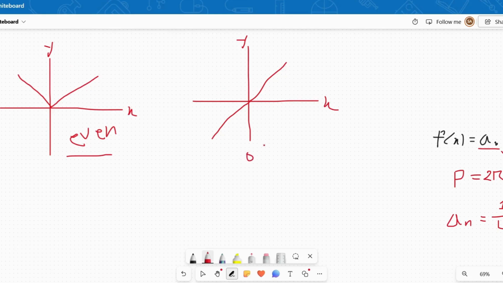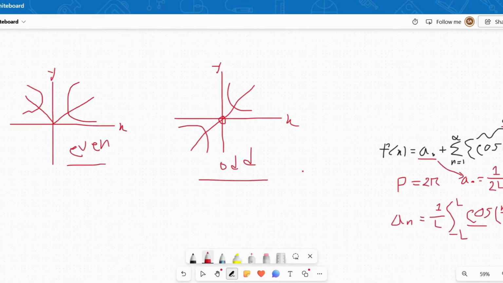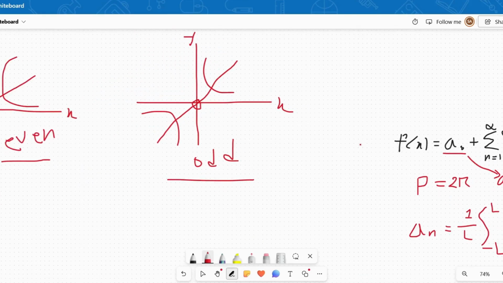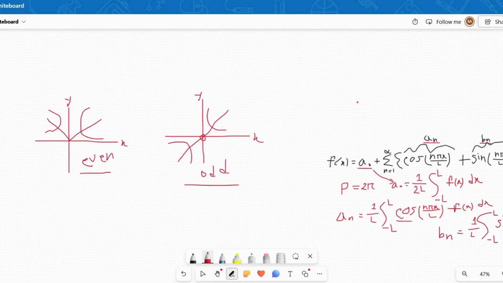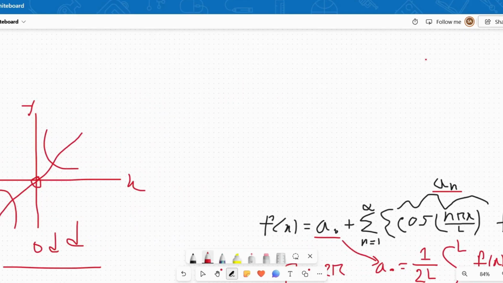This is an odd function. Whenever a function is symmetric about the origin, this is the origin, you know that. The first function is symmetric about the origin because this part and this part are the same. And for an even function, this part and this part will be the same. You may have a question: why do I talk about even and odd functions?